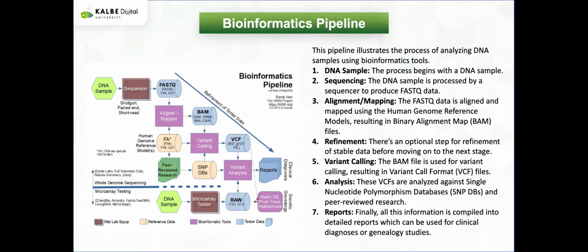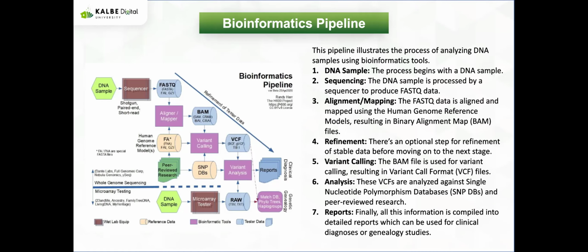After it's in a VCF format, the VCFs are analyzed against single nucleotide polymorphism databases and peer-reviewed research. So this is the variant analysis. And from here, a report will be resulted. And this will be all the information compiled into a detailed report, which will then be used for clinical diagnosis or genealogy studies. So this is the overview of the workflow we'll be doing, the pipeline.